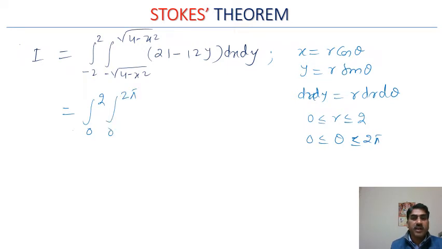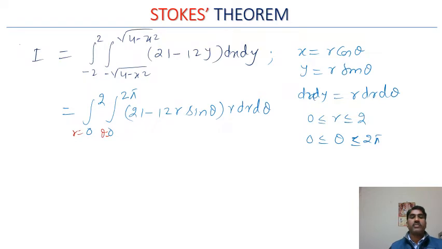Then put the values of x, dx dy. So this is 21 minus 12 r sin theta, and r dr d theta.